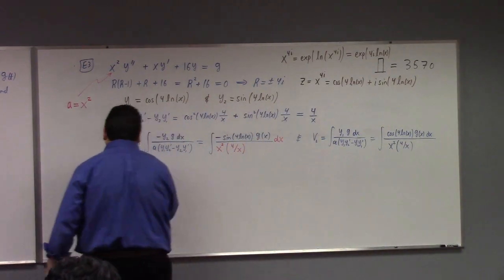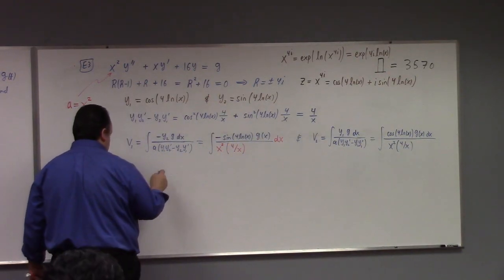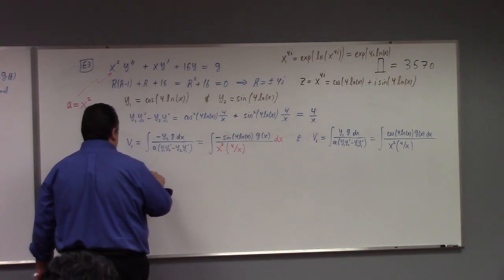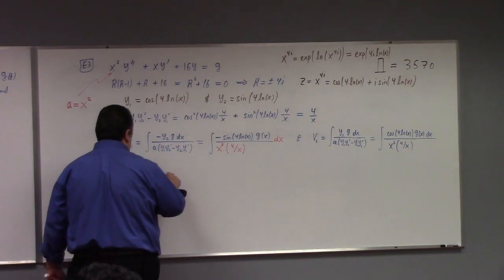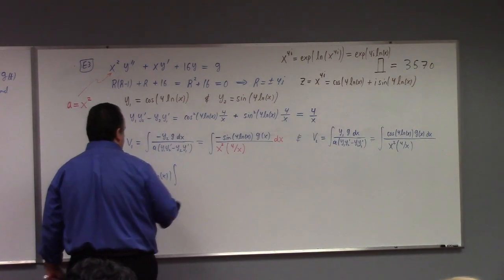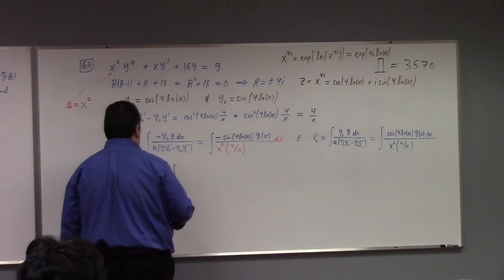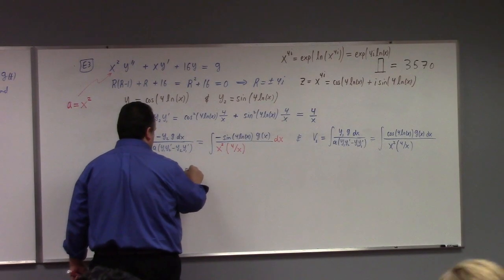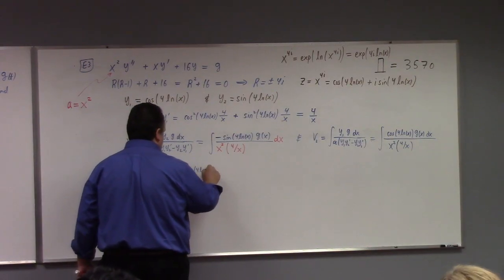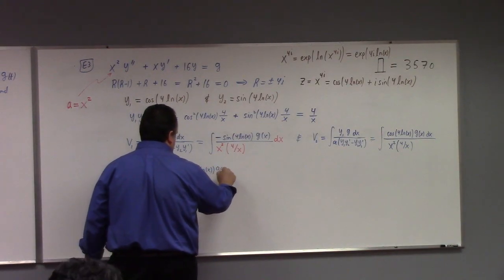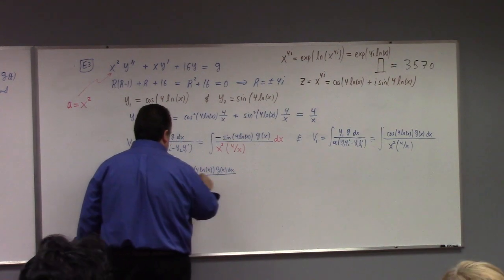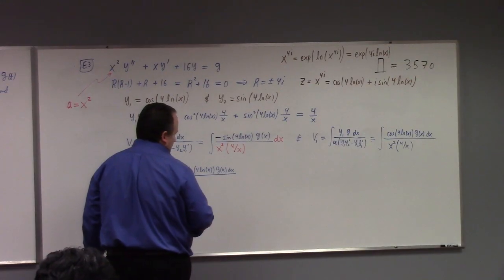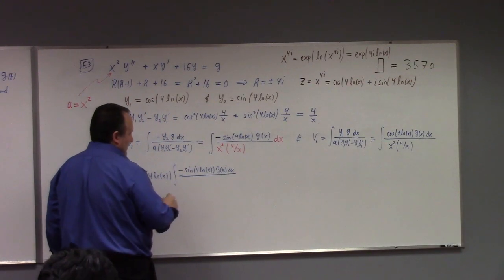General solution then, again, this is an integral solution, is the following. y1 is cosine of 4 times the natural log of x. And then you got the integral of minus sine of 4 log x times g of x dx divided by 4x, I guess, right?